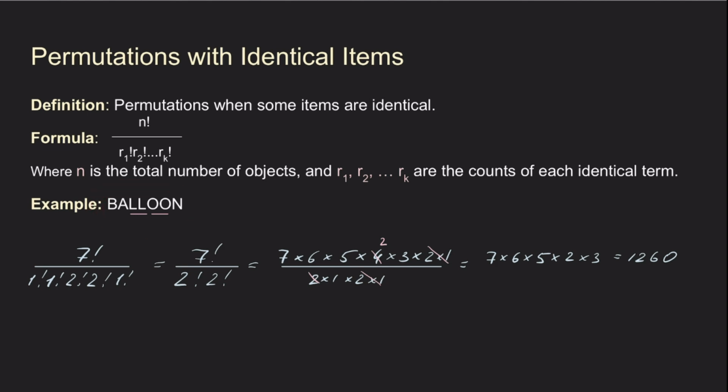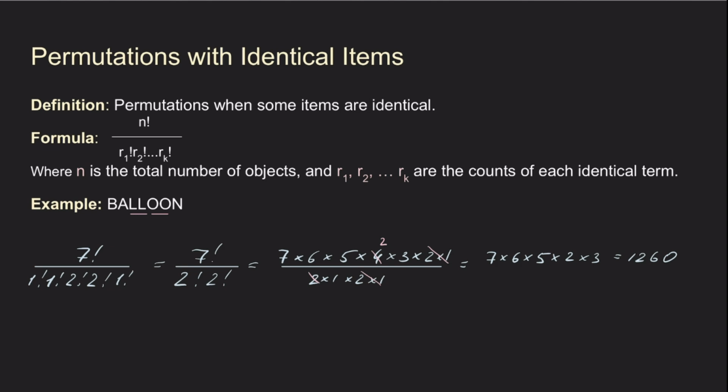The word balloon has 7 letters total, so that's our n. And we see that L appears twice and O appears twice. So this is going to be our r1, r2.